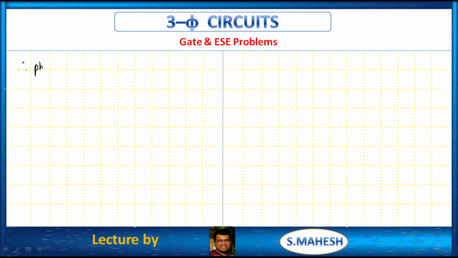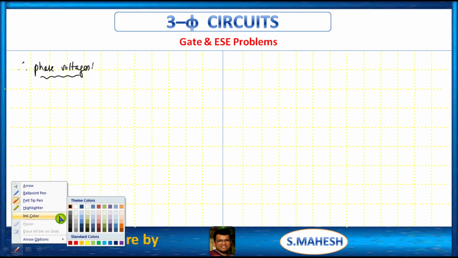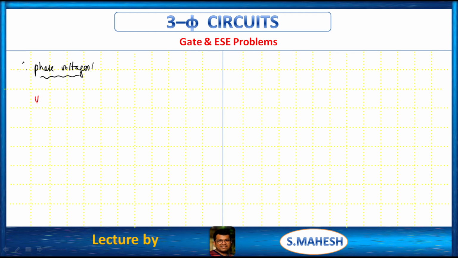Therefore, phase voltages. VR is equal to what? Root 2 into 400 sin omega t is nothing but the reference, right? Now it lags line voltage by 30 degrees. That's why minus 30.